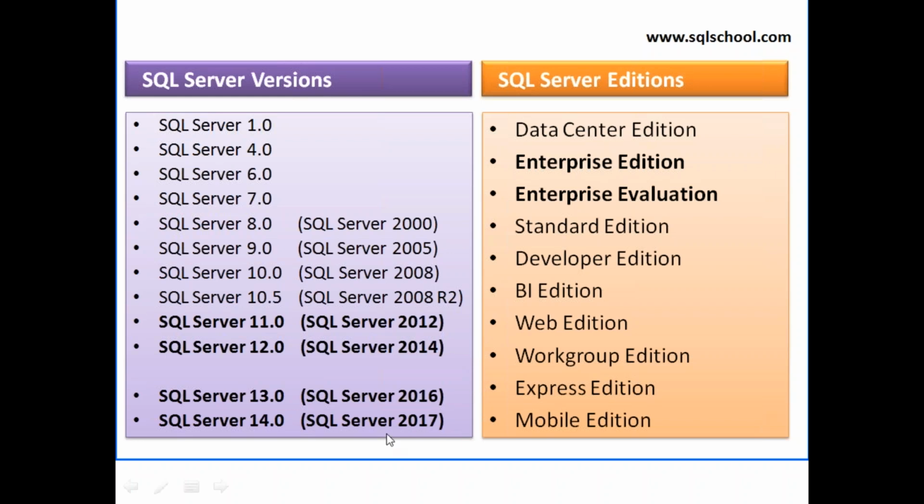I repeat, participants who are very new to IT would work on lab sessions on 2016-2017. The participants having experience would have lab sessions and project work implementation on 2012, 14, 16, 17, 4 different versions. And of course, we have got an online lab for all these versions.